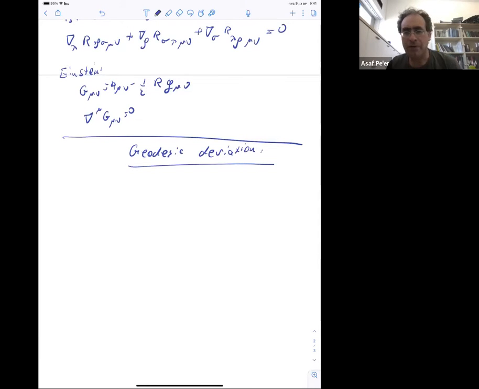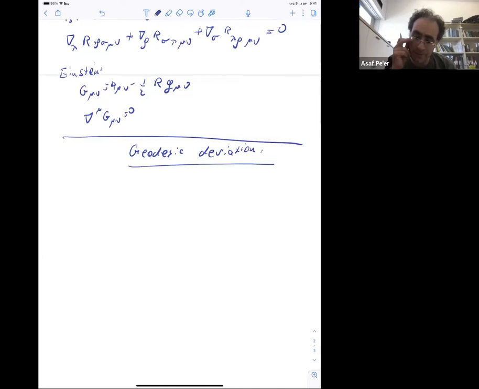I motivated the whole discussion about the curvature by the need to understand Einstein's equation, namely to understand how the existence of matter acts to curve space-time. Now, it turns out that it's useful not only for that, obviously, but for many other things. And one of them is to understand the effect of gravity on physical objects.